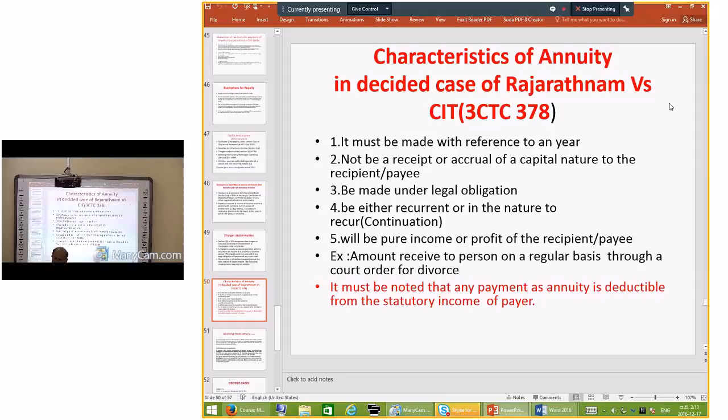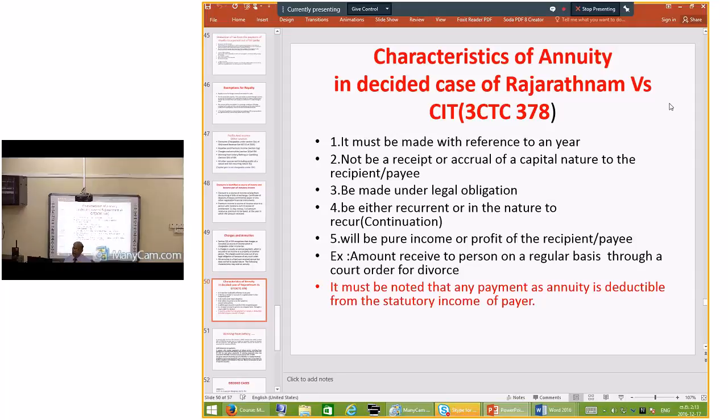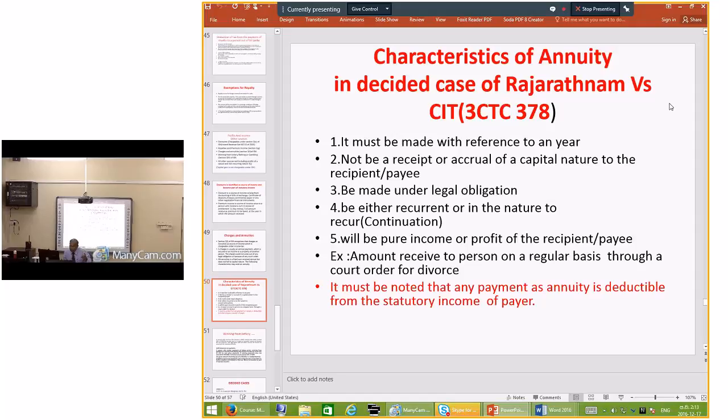If anyone receives more than 500,000 of annuity, say a divorced wife receiving 600,000 of annuity from her ex-husband, then that income is chargeable and she has to pay taxes.